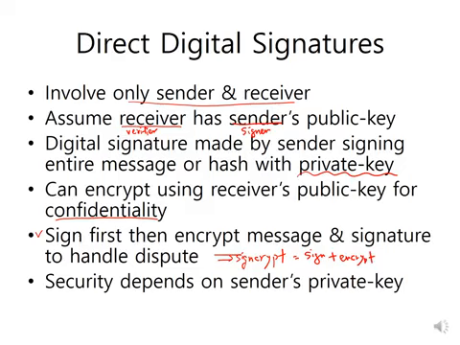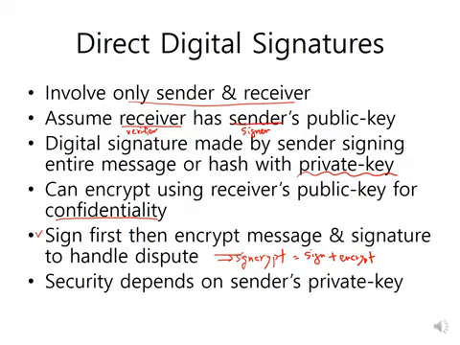So if we require some confidentiality, then we can adopt some sign-crypt approaches here. And in the direct data signature scenario, we assumed the security depends on the sender's private key. So this is the system environment for the direct data signatures.